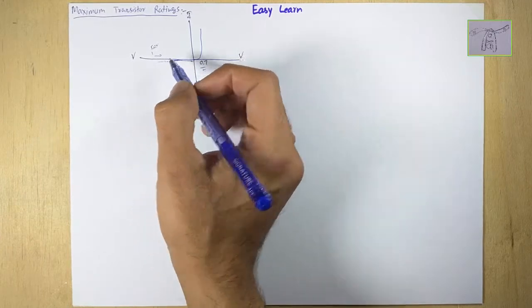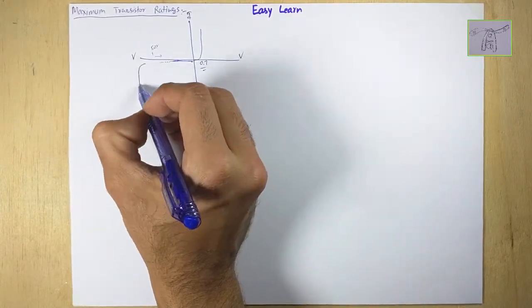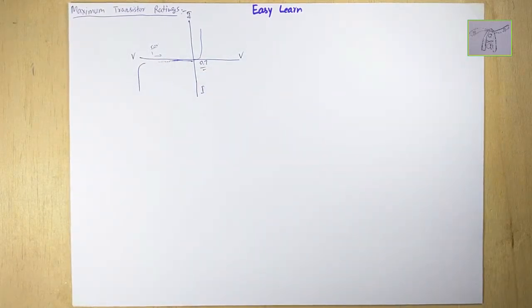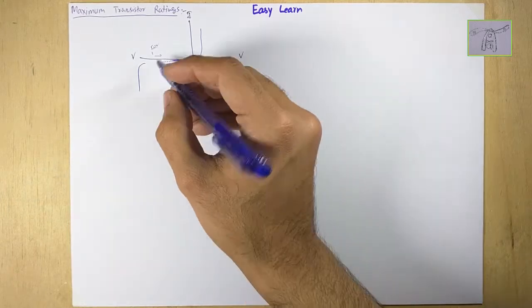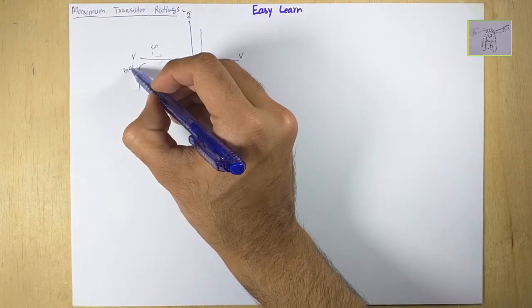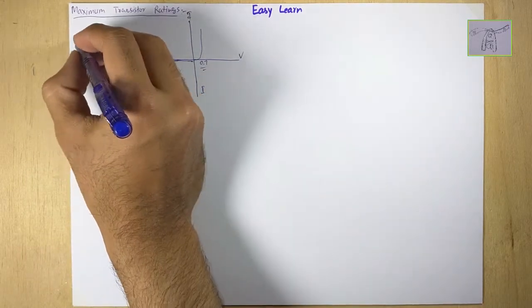But suppose we cross this 50 volts and reach a value here, it means we are crossing these limits and going into the breakdown region. If we go into the breakdown region, maybe this device will not work properly.